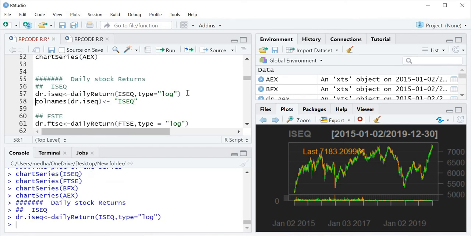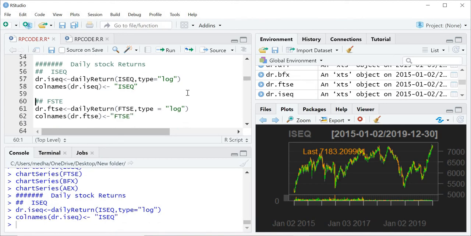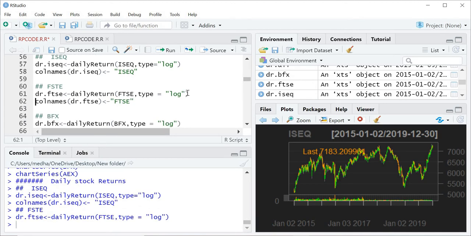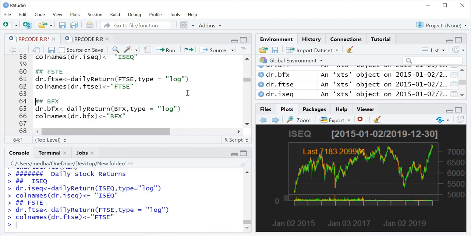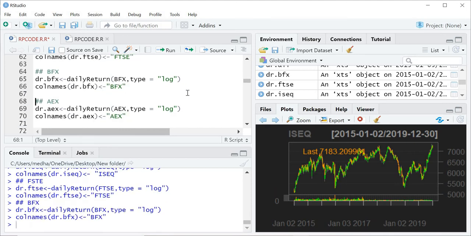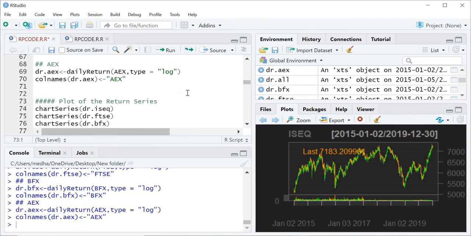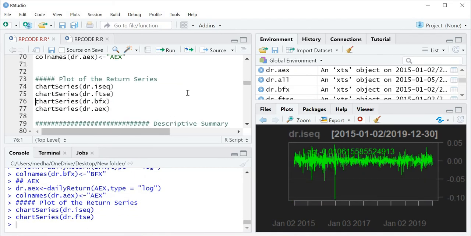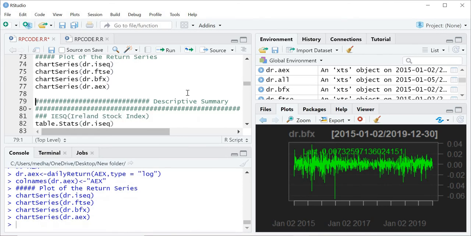The next step is computing the daily stock returns on the 4 indexes, and having a graphical representation of the movement of daily returns in order to ascertain the volatility in the returns of the 4 indexes.